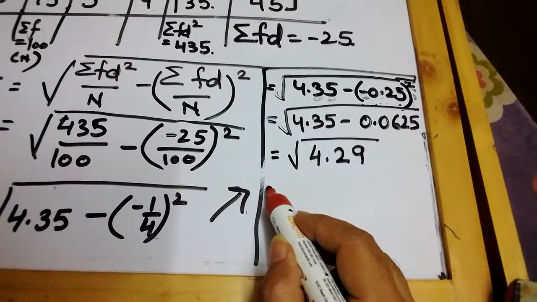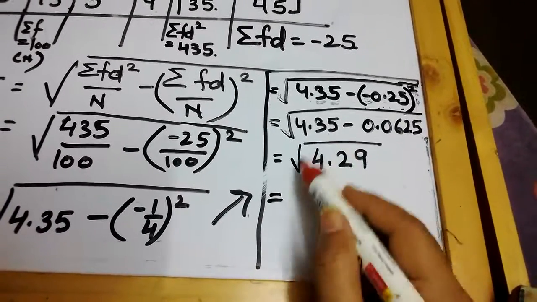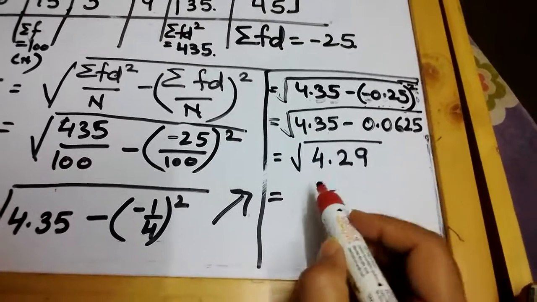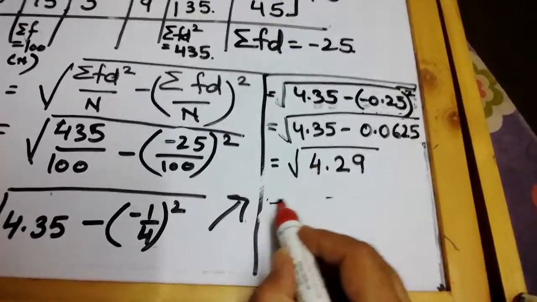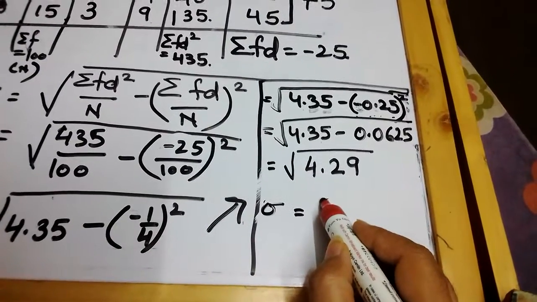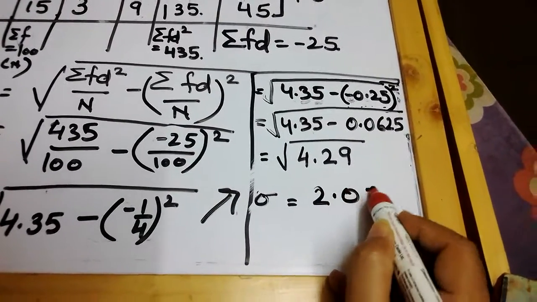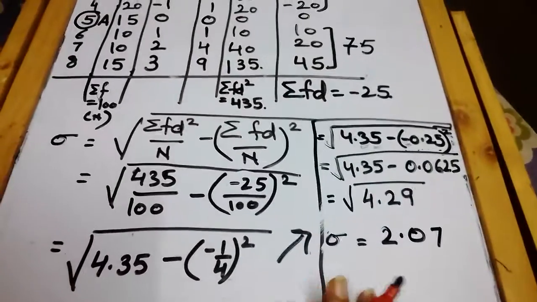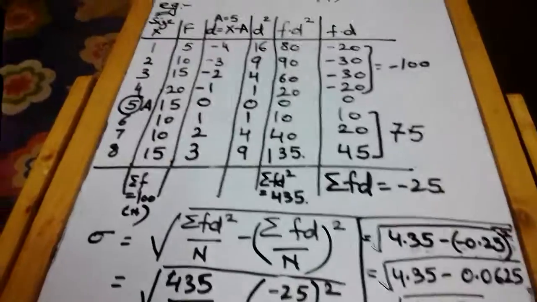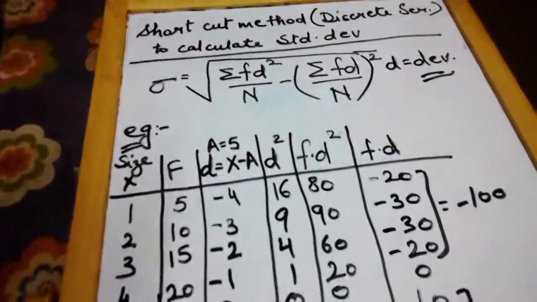Okay, and now I have to calculate the square root of this value, the square root of 4.29. So my answer will be sigma, which I have already calculated, 2.07. So children, I guess up till here it is clear. We are going to quickly revise this.